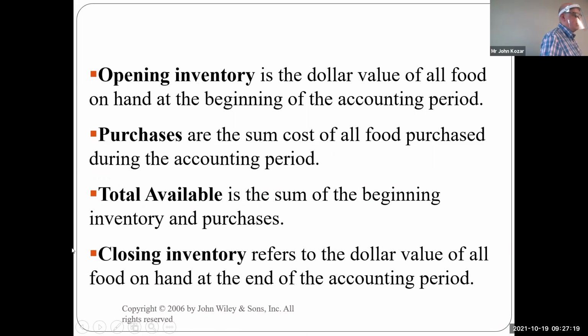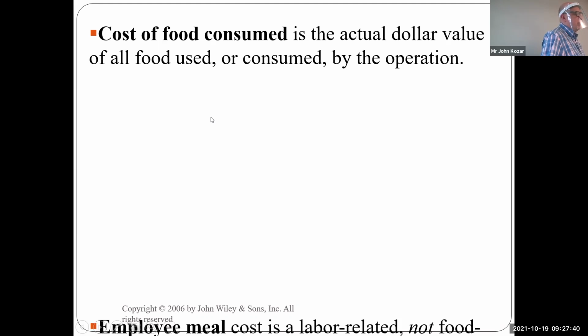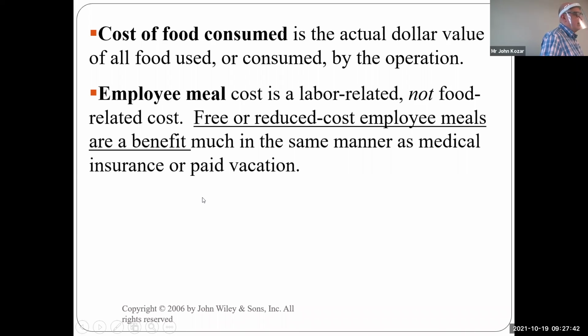Closing inventory is the dollar value of all the food on hand at the end of the accounting period, and that's always going to be the last business day of the month. Again, cost of food consumed is the actual dollar value of all food used or consumed by the operation, not employee meals.